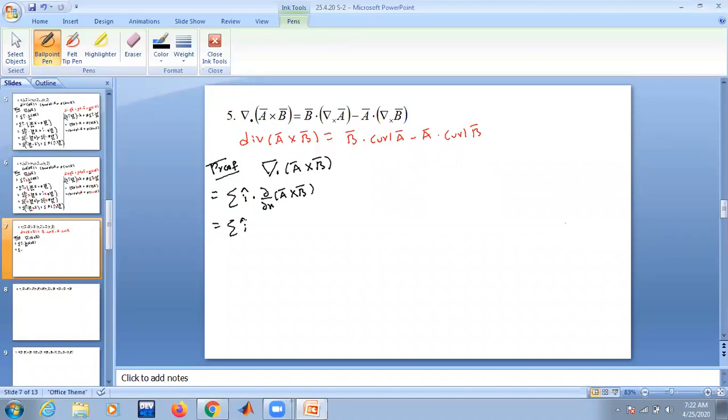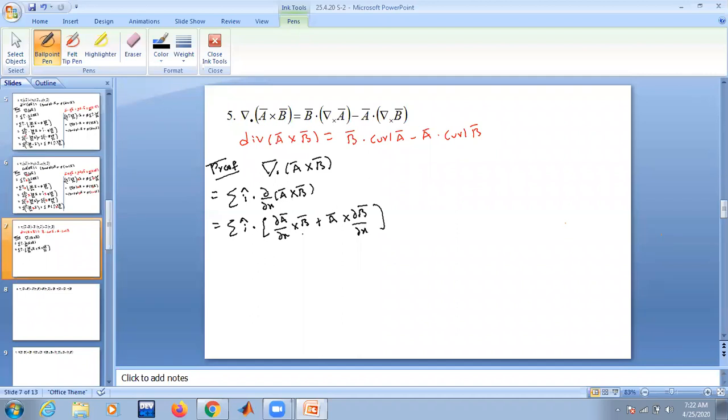Apply the derivative on the cross product. While applying the derivative on a cross product, order is very important because cross product is not commutative. Therefore, I have to write the formula carefully: dou a bar by dou x cross b bar plus a cross dou b bar by dou x. I should not change the order, something like u dash v plus u v dash.